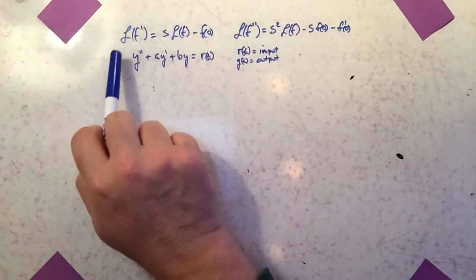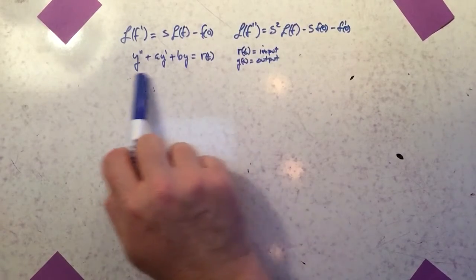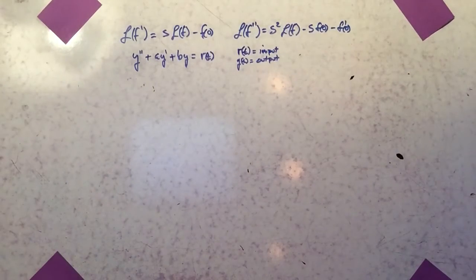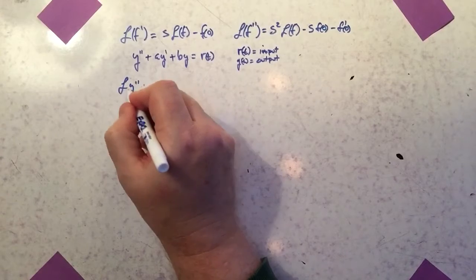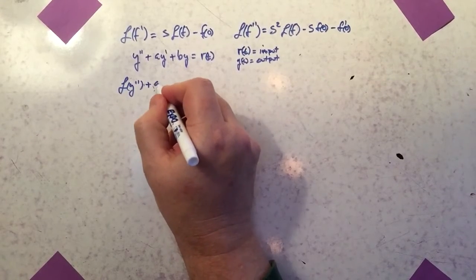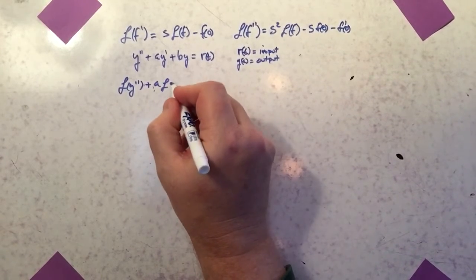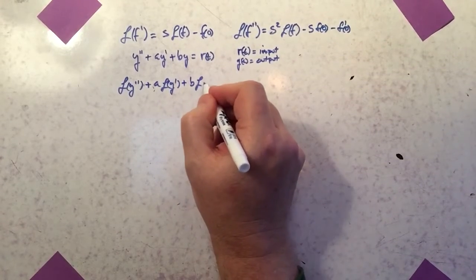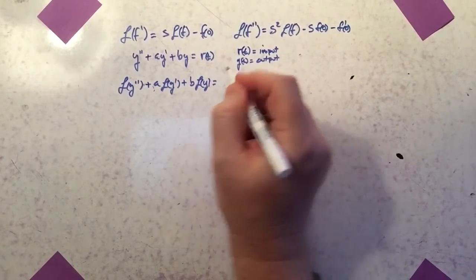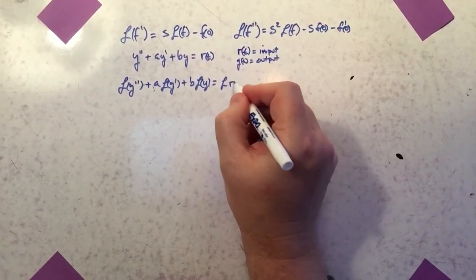I'm going to begin by taking the Laplace transform of this entire equation. So on the left-hand side, that's going to be the Laplace transform of y double prime plus a times the Laplace transform of y prime plus b times the Laplace transform of y is equal to the Laplace transform of r.